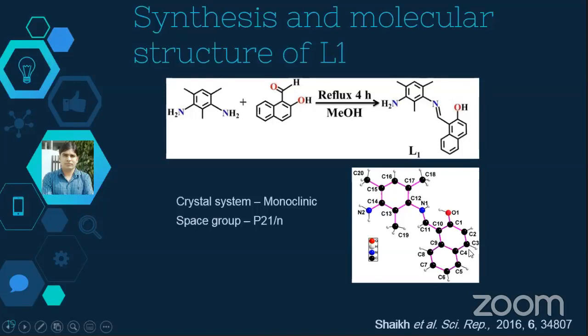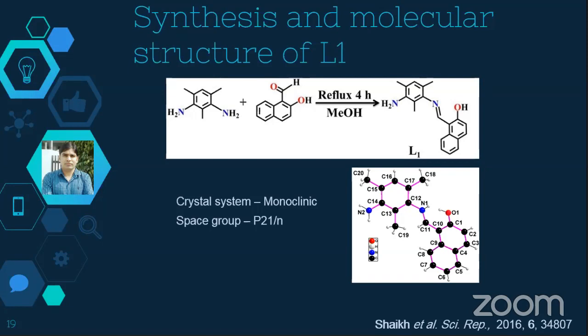We were able to generate a single crystal of this L1 molecule and characterize it. So the first step was to do the reaction, get your product, and characterize it to see whether the product is formed or not. We found that this is 100% what we wanted. The product has formed. Then we looked at the photophysical properties.